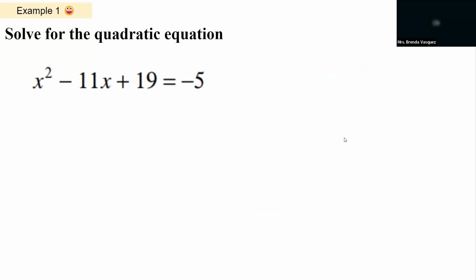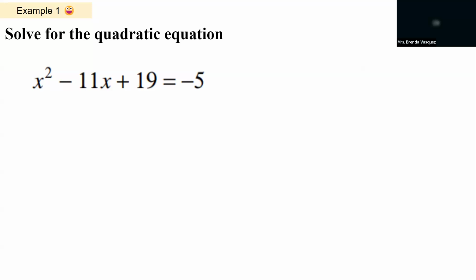What happens when my right side is not equal to 0? What do we do then? Well, we have this case right here: x squared minus 11x plus 19 equals -5. Something that I like to do in algebra is manipulate our terms so that it looks the way that we are used to seeing our equations, right?